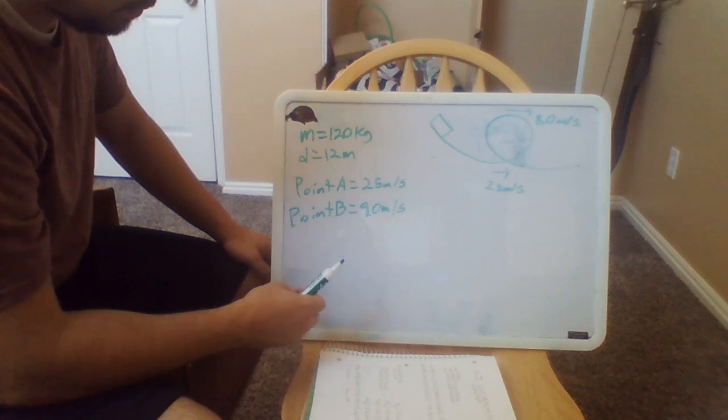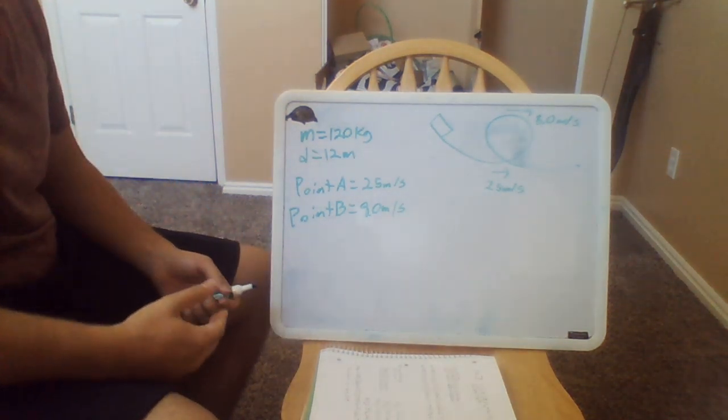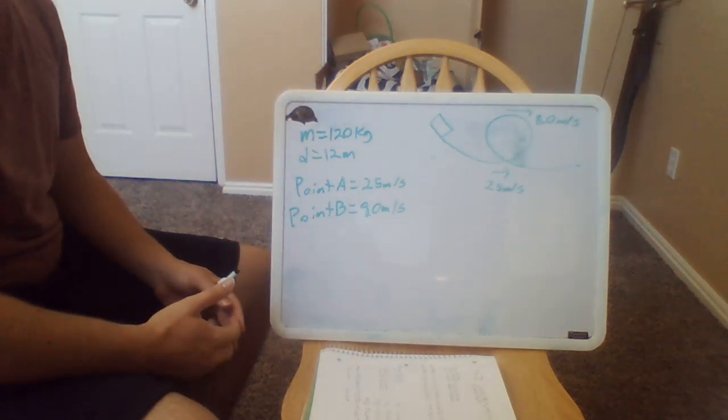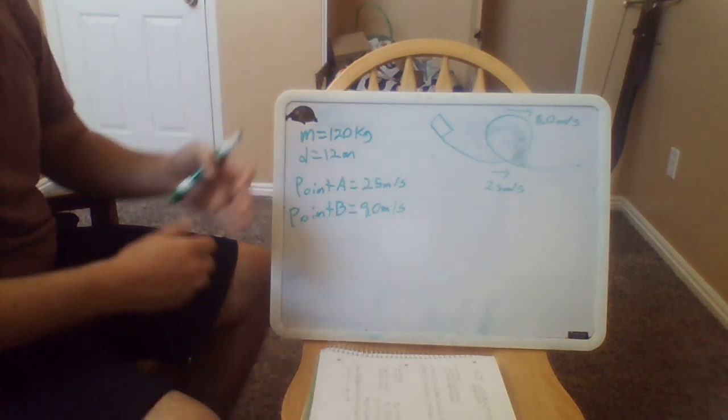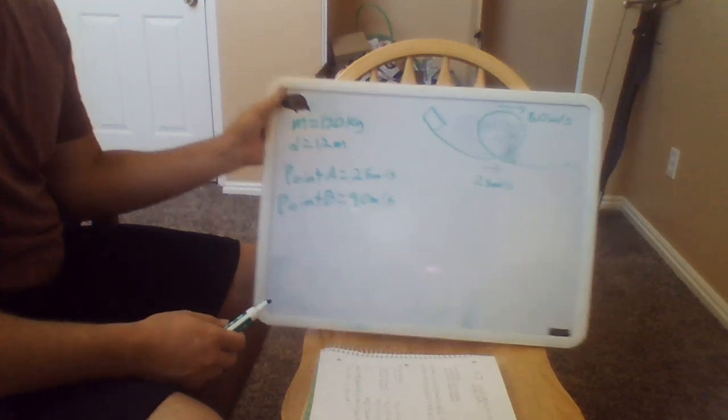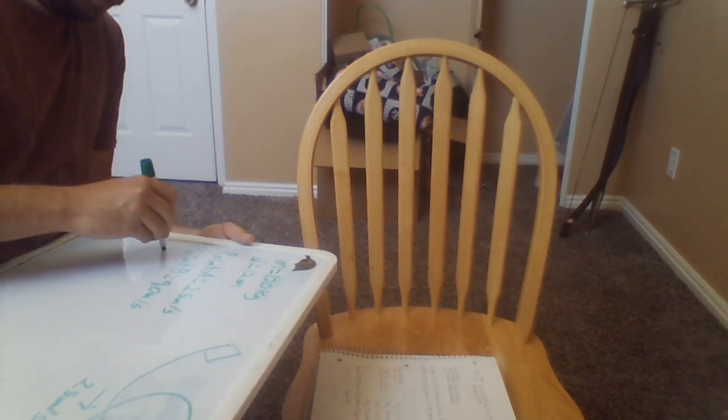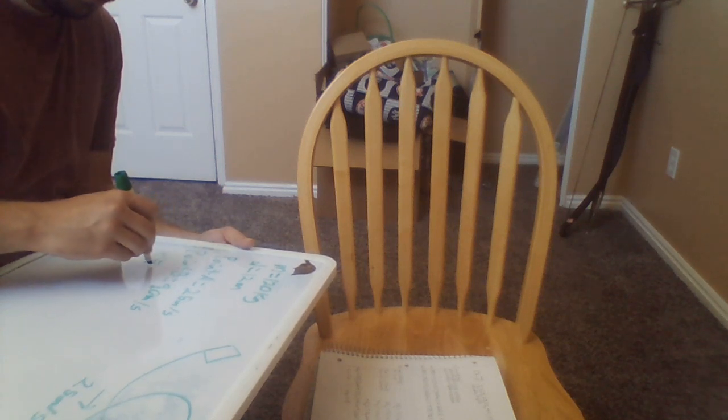And so we need to figure out the total energy between the bottom and the top. So we're going to do several different equations here. First, we want to figure out the kinetic energy of the bottom. We don't need to figure out the potential energy of the bottom because it should all just be kinetic at that point.